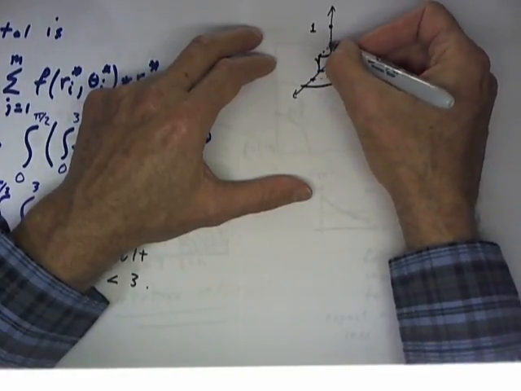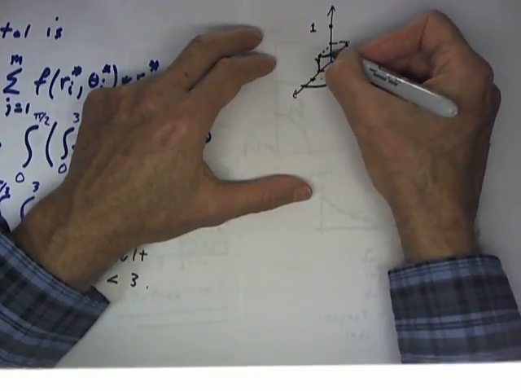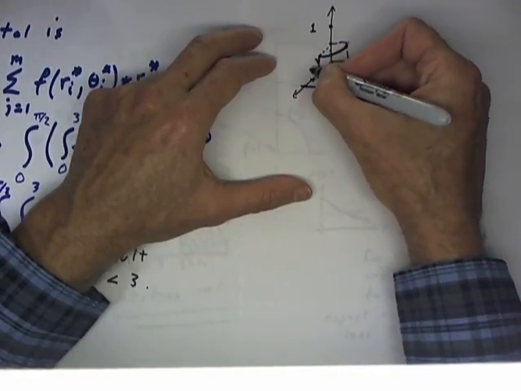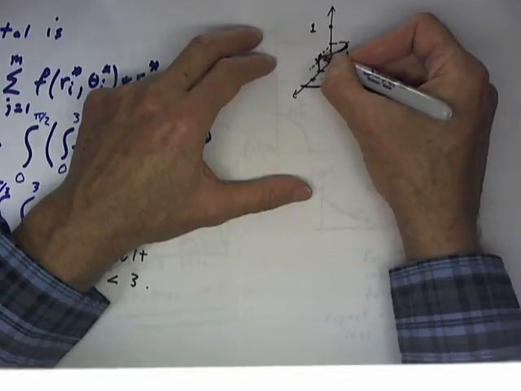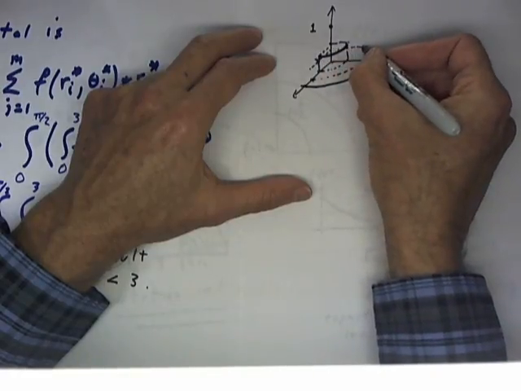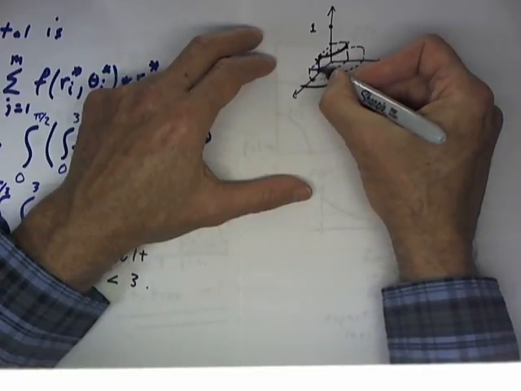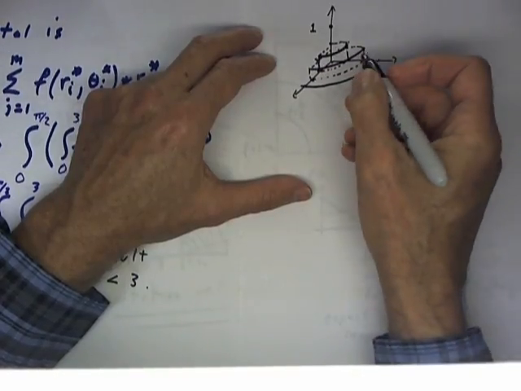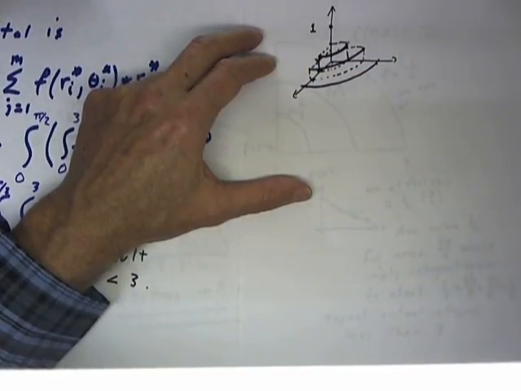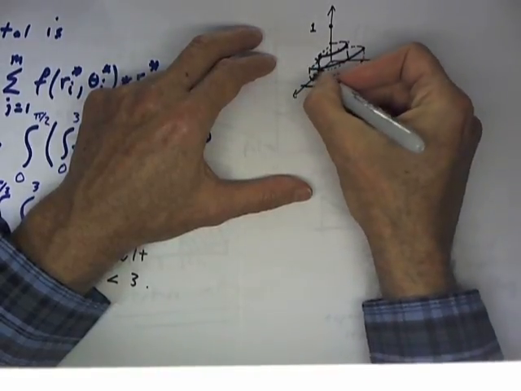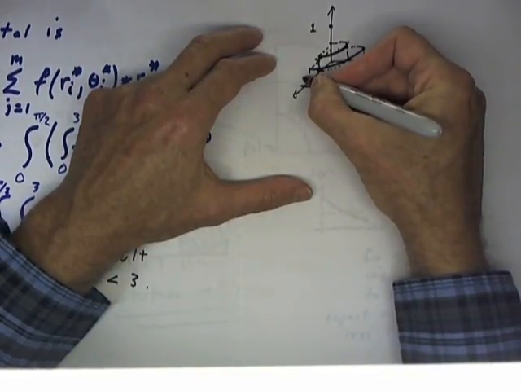When we get out to r equals 2, our value is 1/3. We can make a sketch of that contour line, and by the time we get out to r equals 3, the value is 1/4.